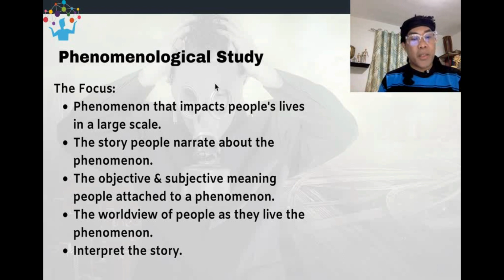And the last one is to interpret the story. So you have the phenomenon as told by the people with their own meaning. The last part of doing a phenomenological study is: what is our take about those stories? What is our take about the meaning which people connect with a specific phenomenon?